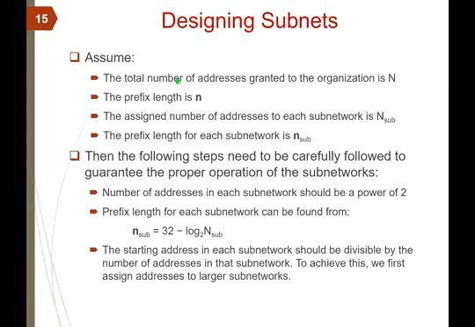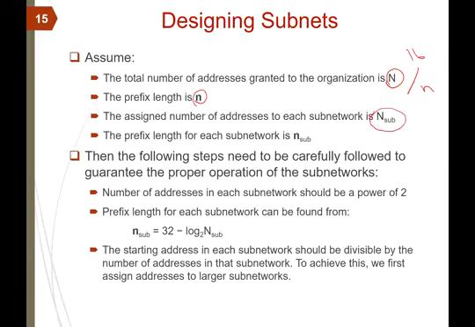So assume the total number of addresses granted to an organization is n, like 16 in the example that we've seen before. The prefix length is slash n. The assigned number of addresses in each subnet network, you make it n sub.